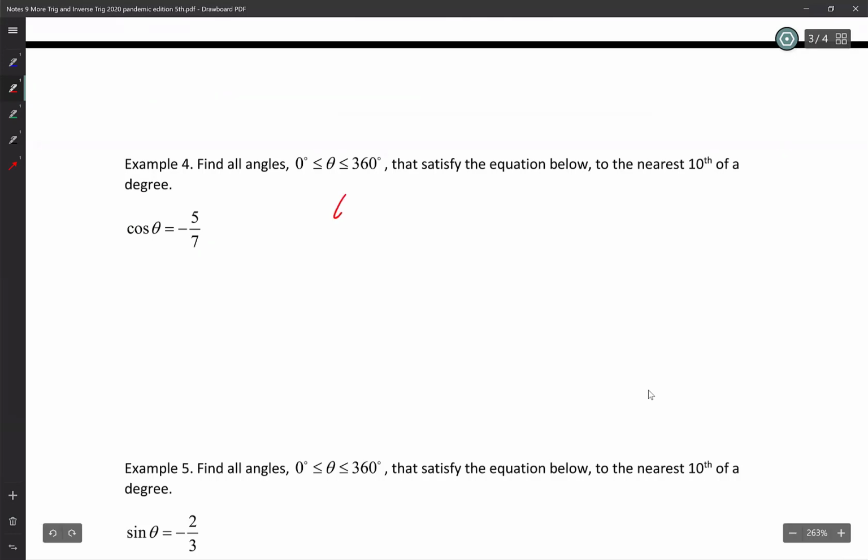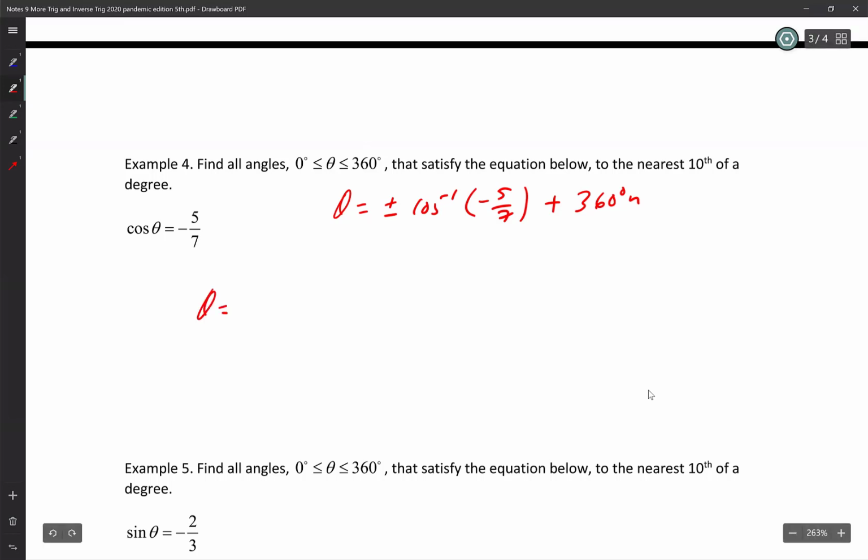So I know I can find them both by just going theta equals plus or minus arccosine of negative 5/7 plus 360n. No, you do not have to do that. You can find the reference angle by going arccosine of 5/7, and you know that cosine is negative in quadrant 2 and 3, and you can do 180 minus reference and 180 plus reference if you don't want to go this route.